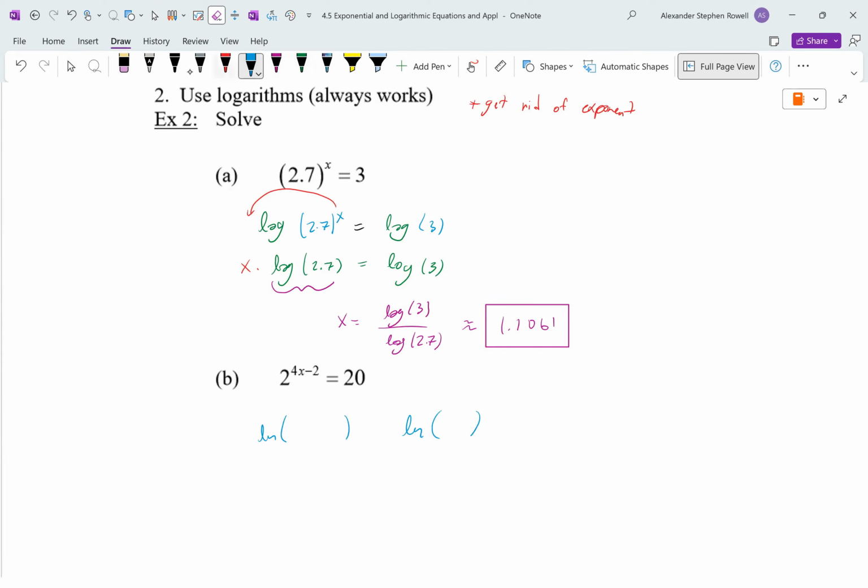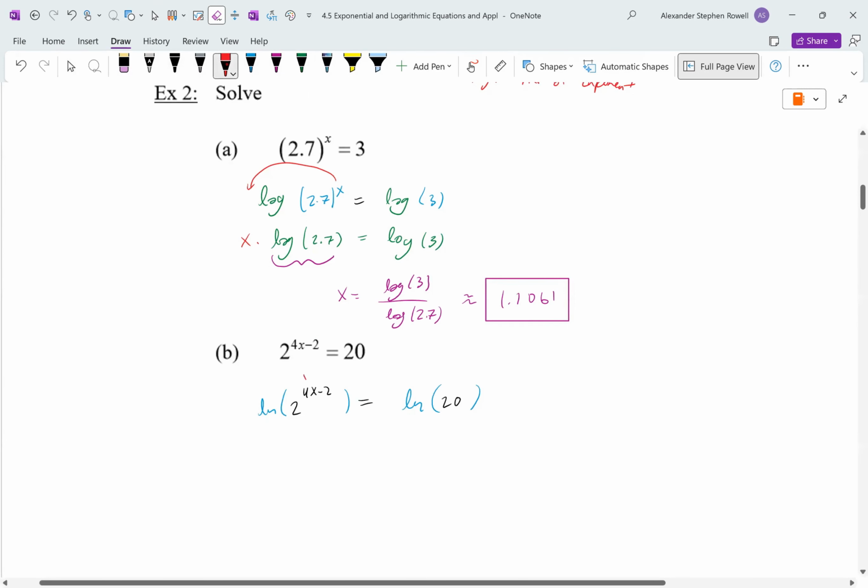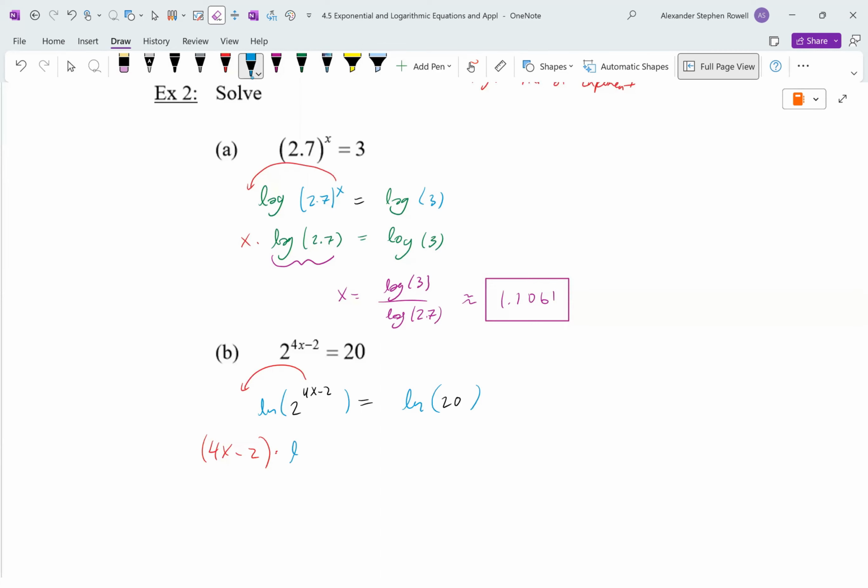Natural log of 2 to the power of 4x minus 2 equals the natural log of 20. We can now take the exponent down in front and multiply by it. 4x minus 2. And just make sure you put in parentheses because we're multiplying the entire exponent times the natural log of 2 is equal to the natural log of 20.